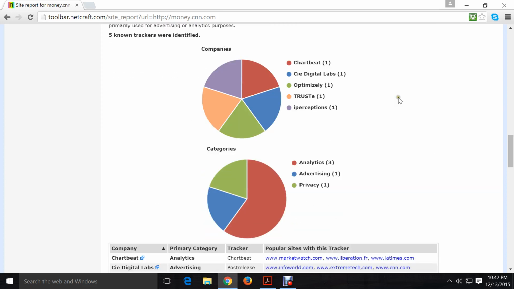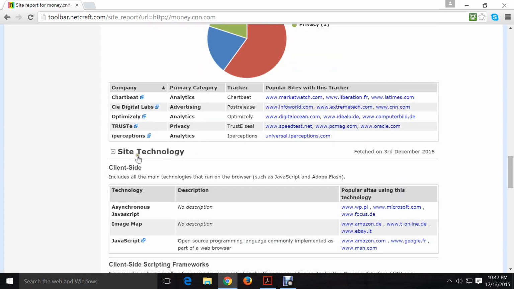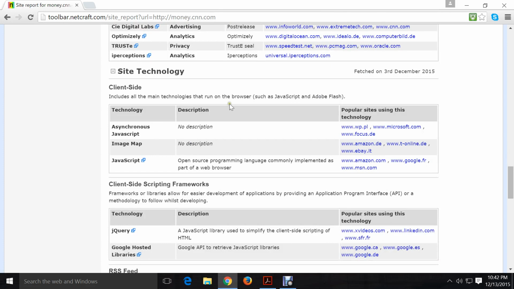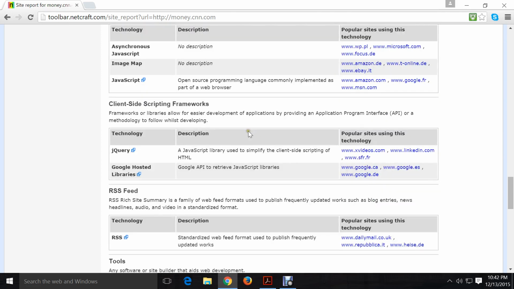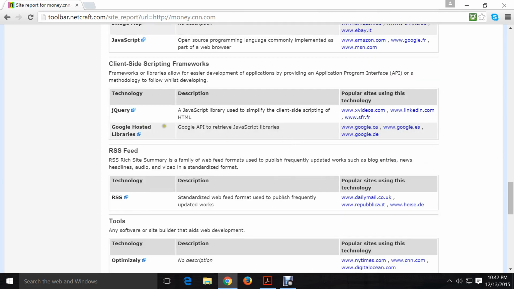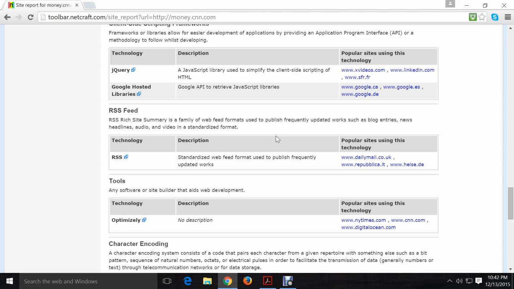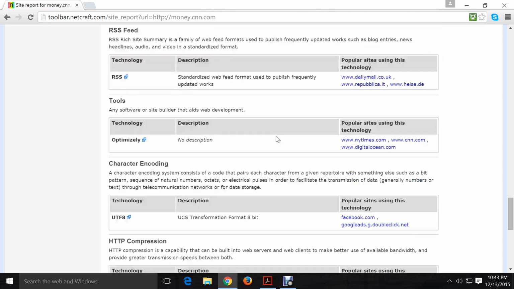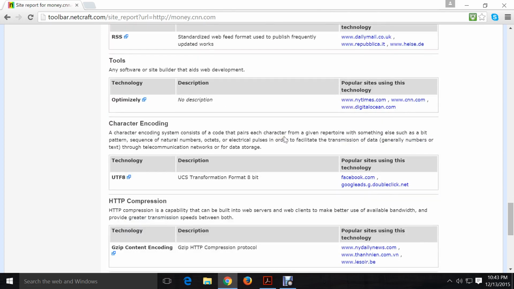Now if we scroll down, we can see the site technology section. It tells us what technologies are being used, and it gives quite a bit of information that a good hacker can use to get into the systems.